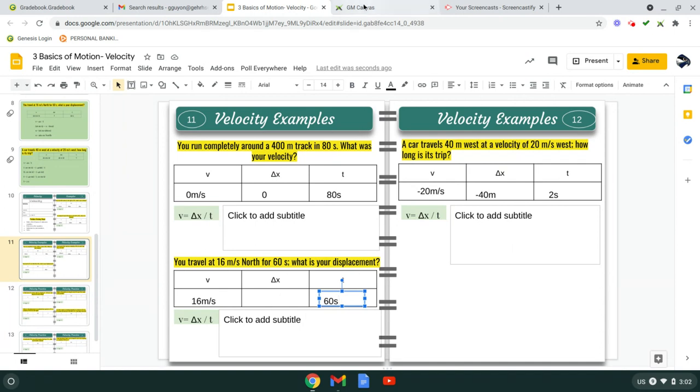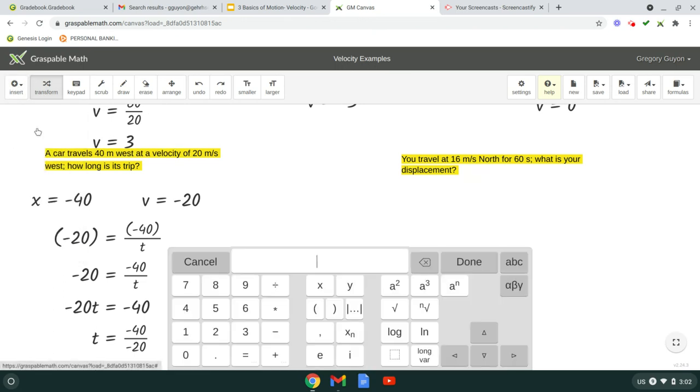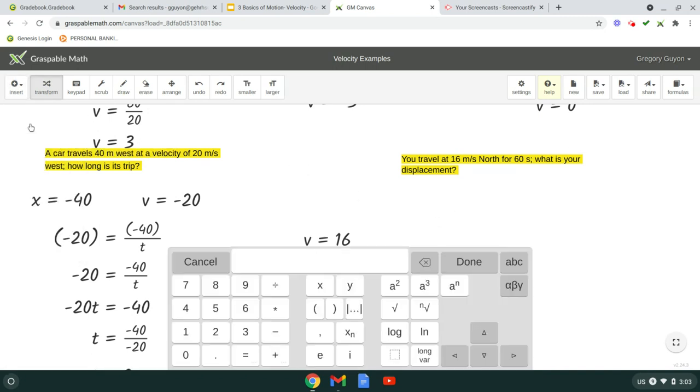Okay, so go back to Canvas. I got to plug my information in here. Okay, I'm going to say my velocity is equal to 16. And my time, t, equals 60.